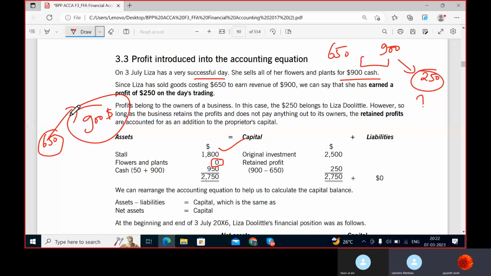Your screen froze, sir. Now can you see the screen? No, sir. Just a second. Can you see? No, sir. Just give me a second.